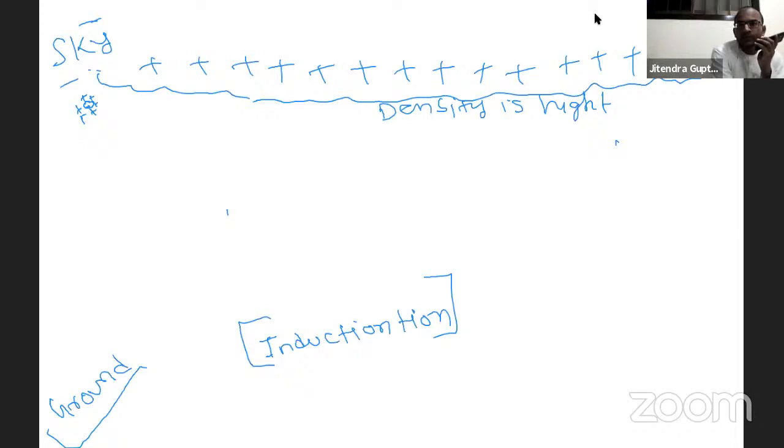If the sky is positively charged, then what will happen here? Anybody? Any question? By which charge will the Earth get charged? By the induction phenomenon, the sky is positively charged.